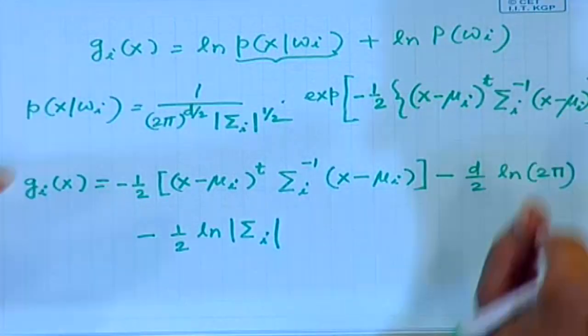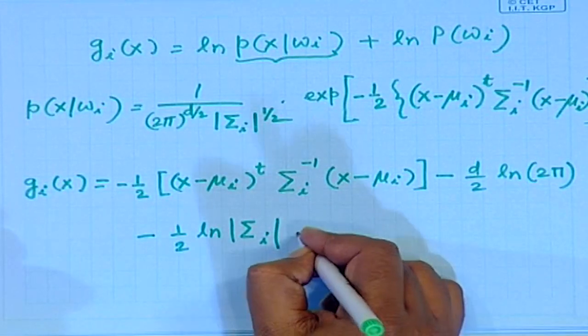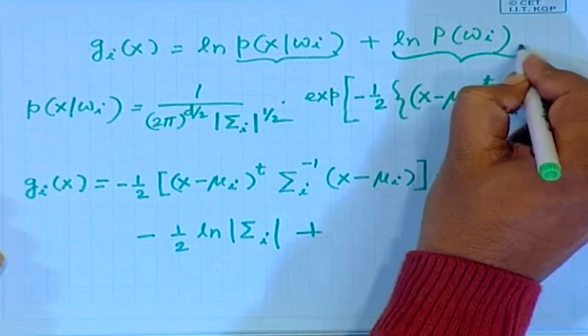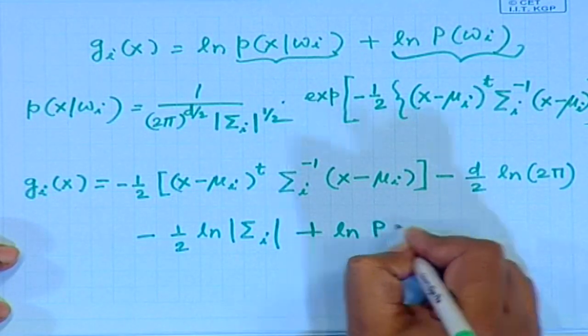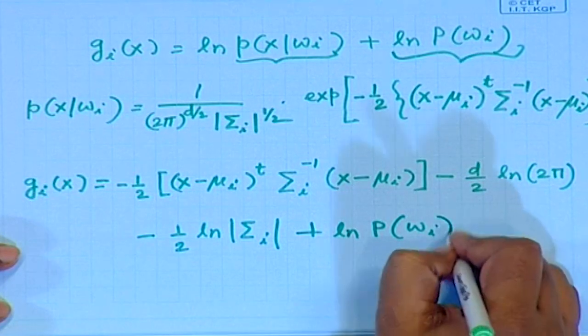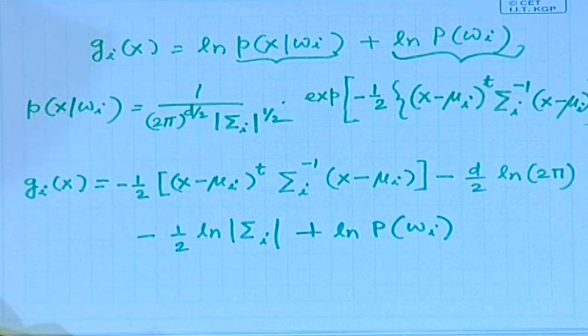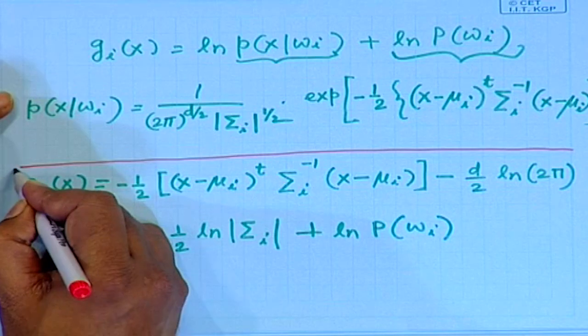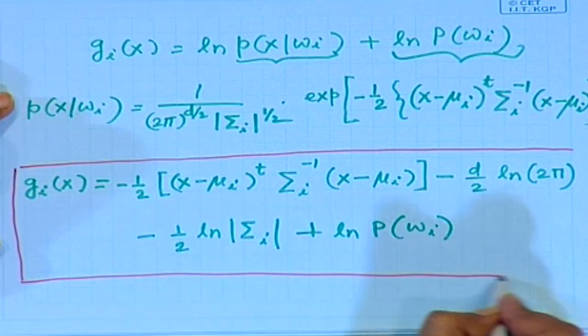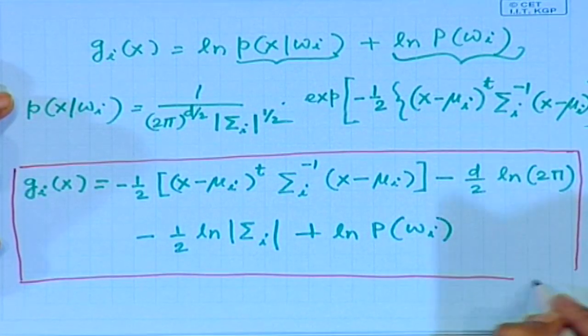All the terms of this expression are taken care of, plus I have to put the term log of a priori probability p of omega i. So this is the expression for the discriminant function corresponding to class omega i.